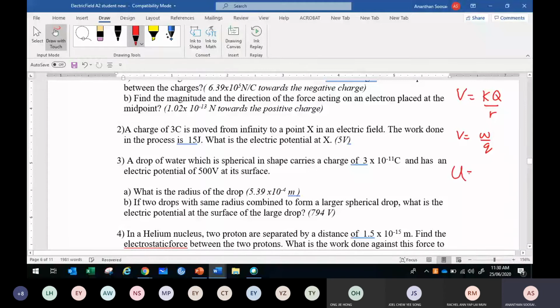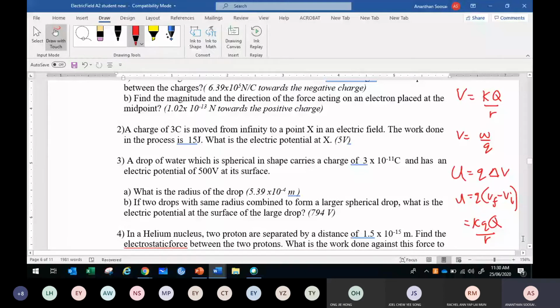Electric potential energy is Q times the change in V, that is Q times final V minus initial V. So normally you get K Q Q over R, final minus initial.